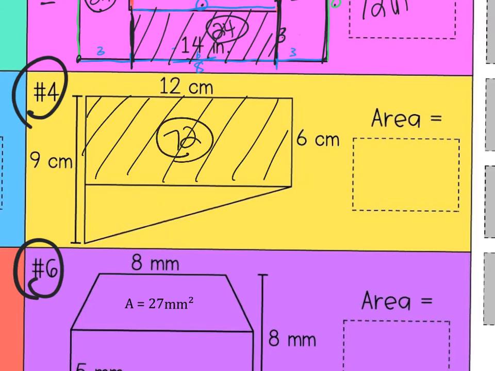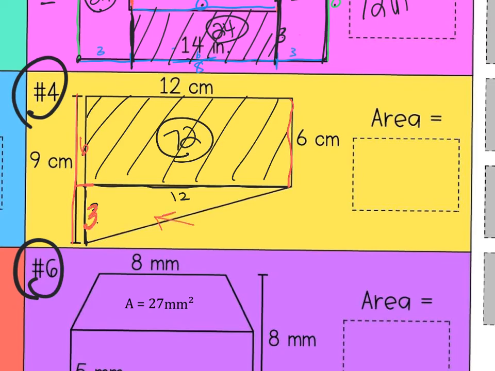But then I have a triangle. Well, the length is still 12, but I'm not for sure about this piece right here. However, I knew over here, from here to here was 6. So from here to here would be 6, but the whole thing is 9. So you guessed it, this is a 3.